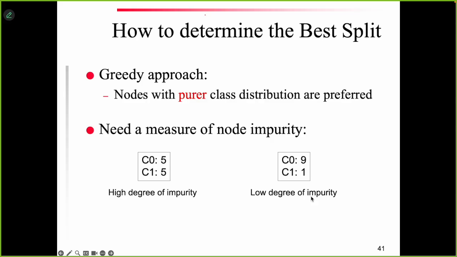That's why measures like entropy capture this difference. They assign a higher value to mixed nodes and lower values to pure nodes. The purest node would end up with entropy 0, and our goal is to reduce impurity as much as possible.